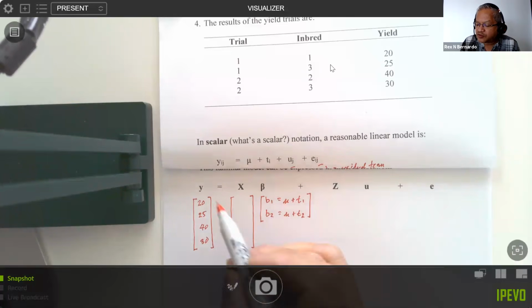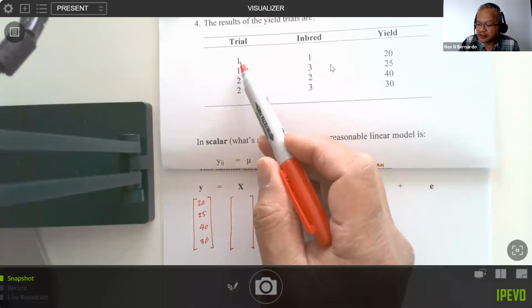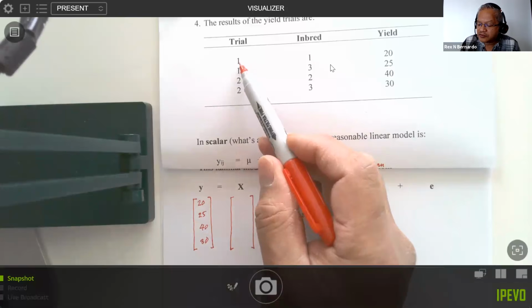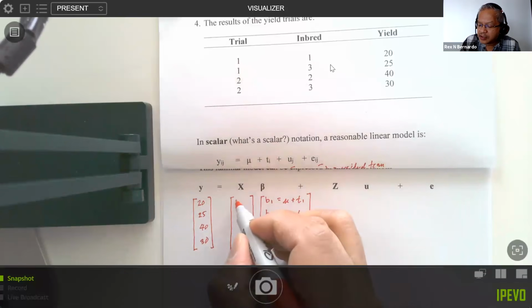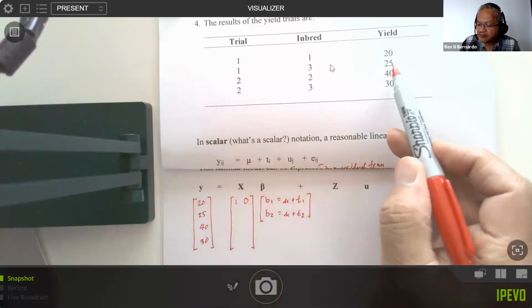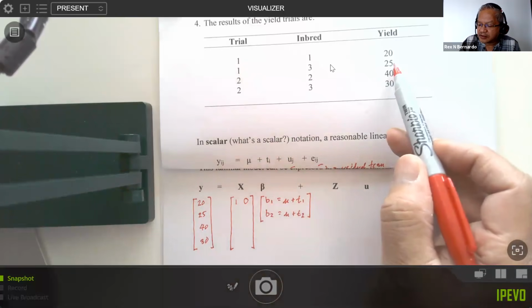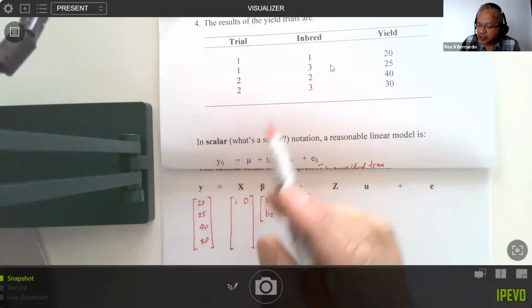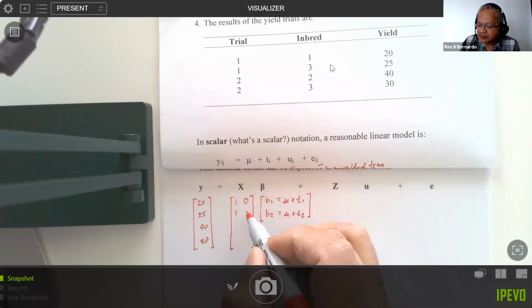And so this 20 over here was for an inbred that was evaluated in set 1. So therefore I would put 1 and then 0. The 25 was also evaluated in set 1, so that would be 1 and 0.